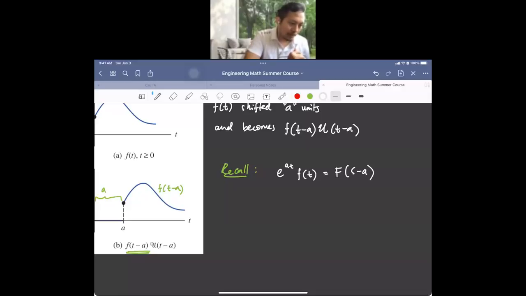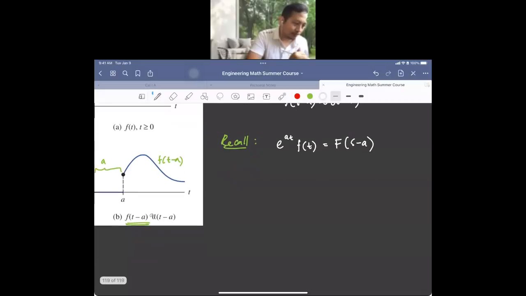So whenever F(s) is multiplied by an exponential function, the inverse will be shifted along the t-axis.